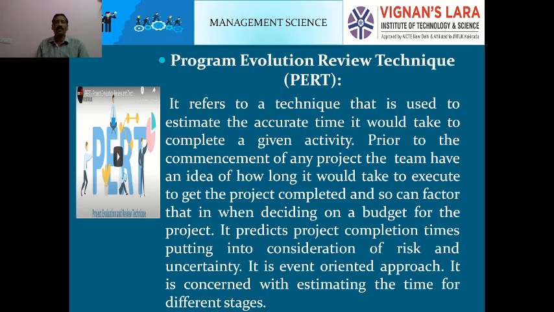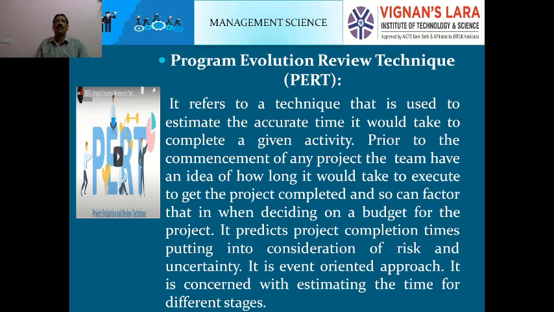The main aim of PERT is that the total project work is broken down into various tasks, that means various milestones. Each and every milestone provides a specific and accurate time to completion from starting to ending.